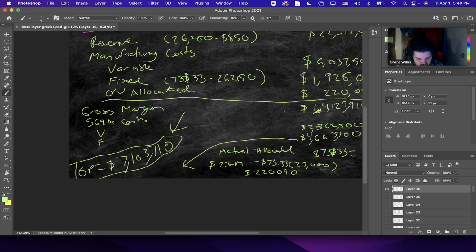And then the gross margin is just the revenue minus all those numbers that we found, right? Yep. Is it also minus the over/under too? Yeah, you only add back the allocated number if it's over allocated or a negative number. Okay.